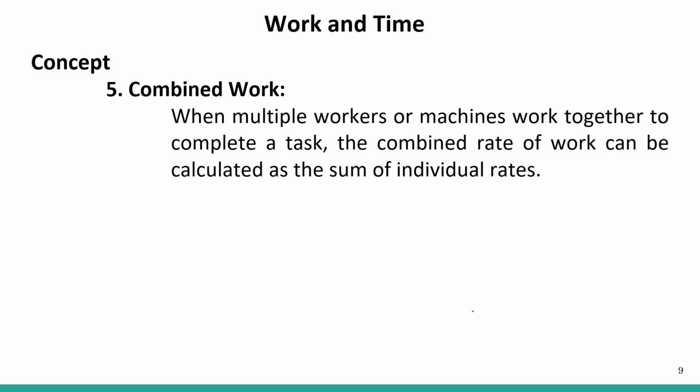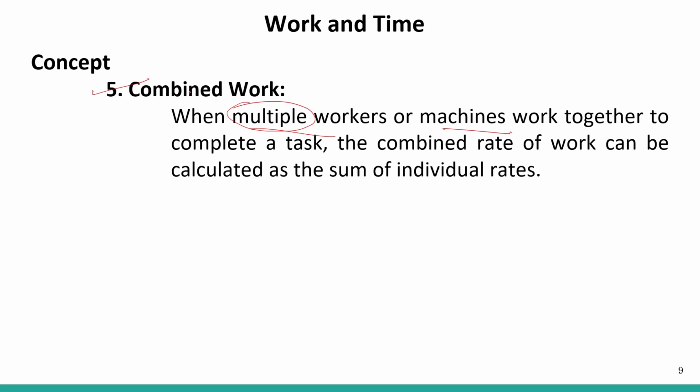So let's see the fifth concept, that is combined work. When multiple workers or multiple machines work together. Multiple is the keyword here, because without multiple it will become a very basic work and time problem, not a combined work problem.